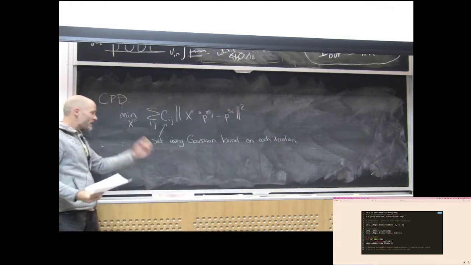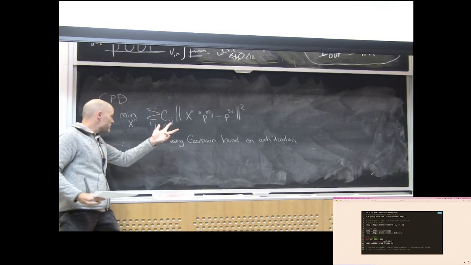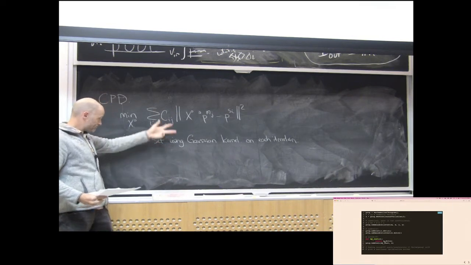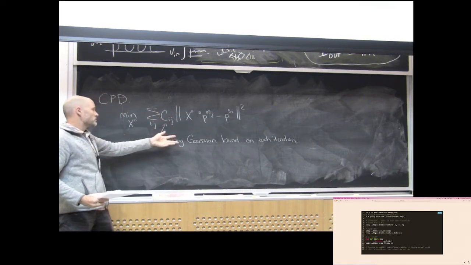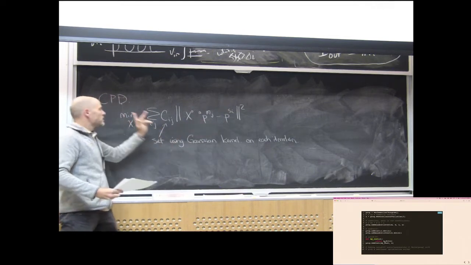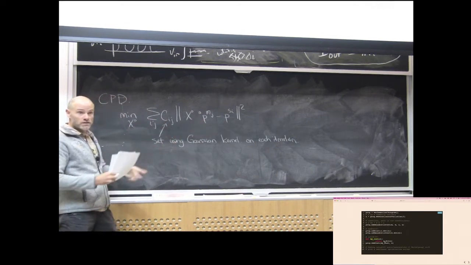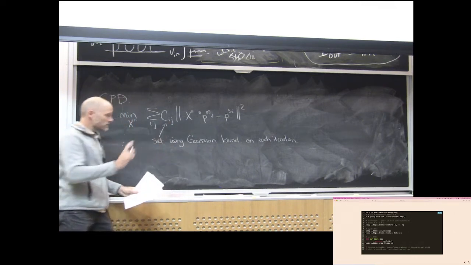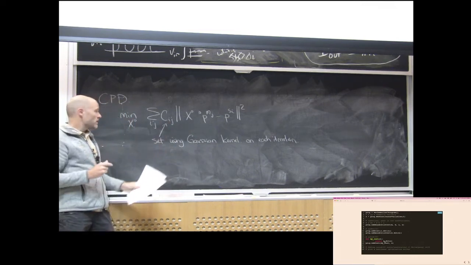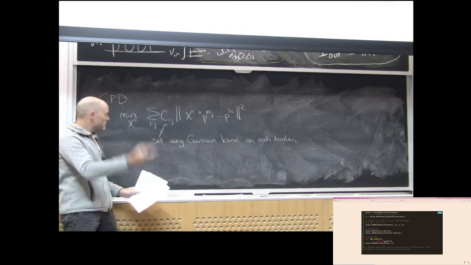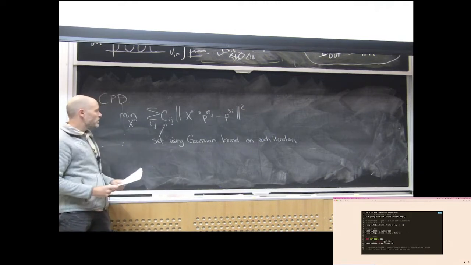So the same way ICP set the correspondences based on minimum distance, and then solved this problem, CPD was setting the correspondences to be soft correspondences using the Gaussian kernel, and then solving the SVD problem. Set it, solve the SVD problem, and alternate.